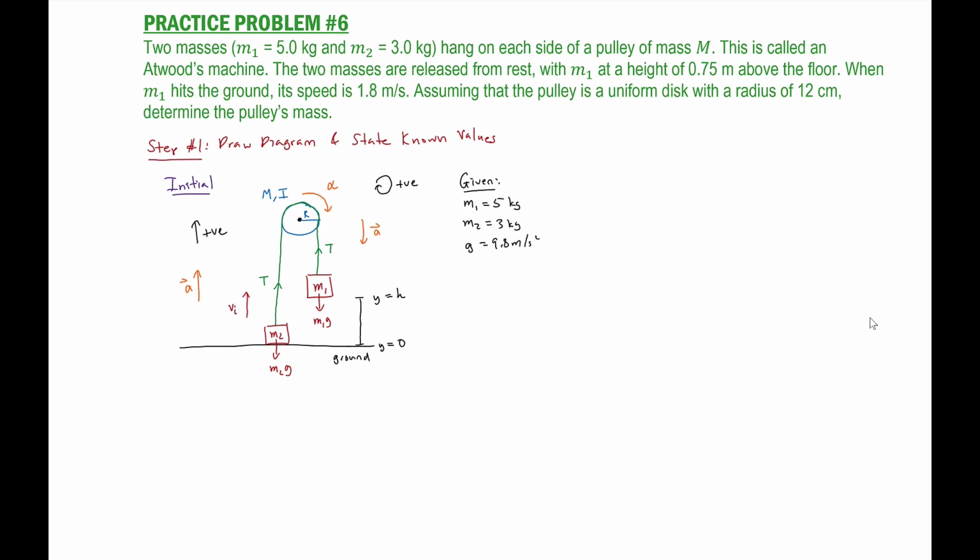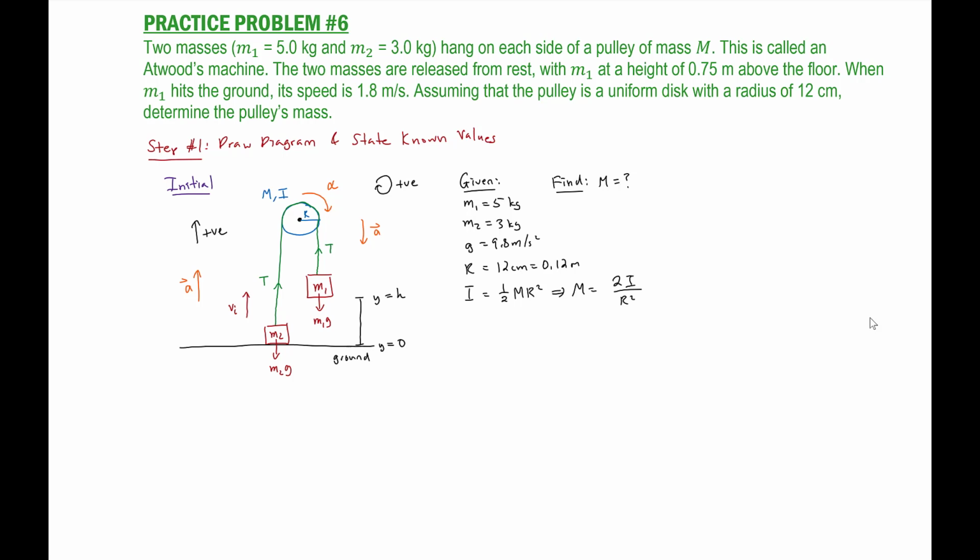We're trying to find the pulley's mass, so we need to find what capital M is. We do know that the radius of the pulley is 12 centimeters, or 0.12 meters. We know that the moment of inertia is that of a solid disk, which is 1/2 times the mass of the pulley times r squared, which means m is equal to 2I over r squared.